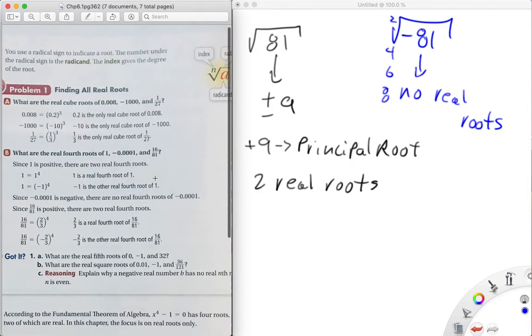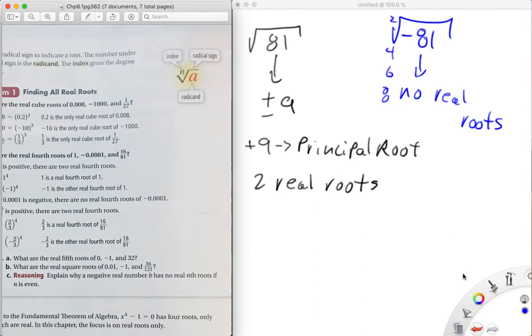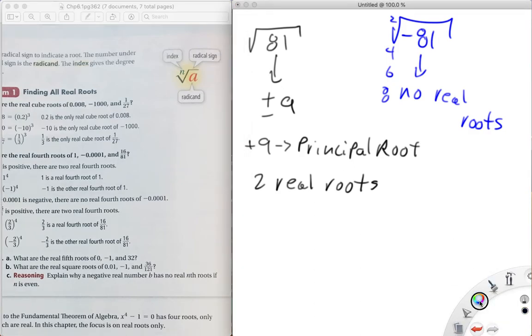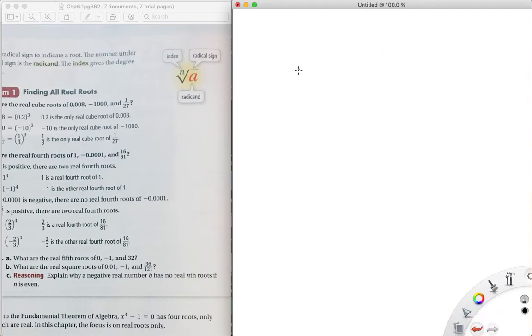All right, vocab time. They should have done this first instead of describing roots, but okay. This is called the radical symbol. Then this down here, inside the radical symbol, is called the radicand.